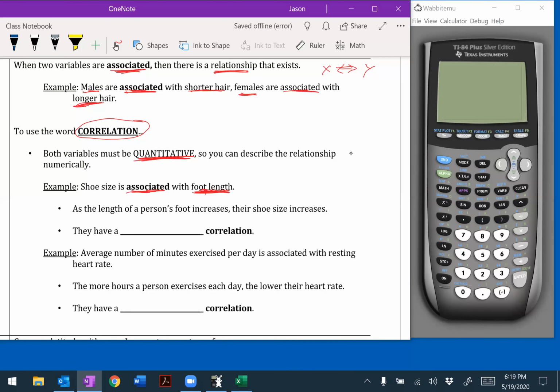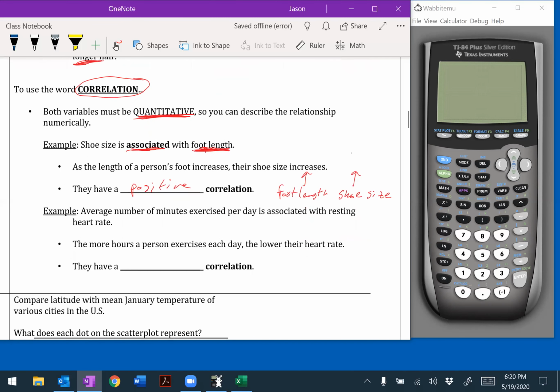They have a blank correlation, and what goes in the blank here is a positive correlation. As foot size goes up, as foot length goes up, well, what happens to shoe size? Well, it also goes up. The more hours a person exercises each day, the lower their heart rate.